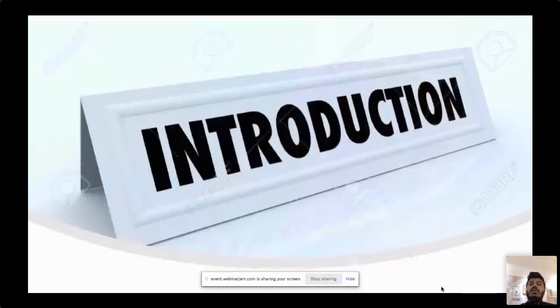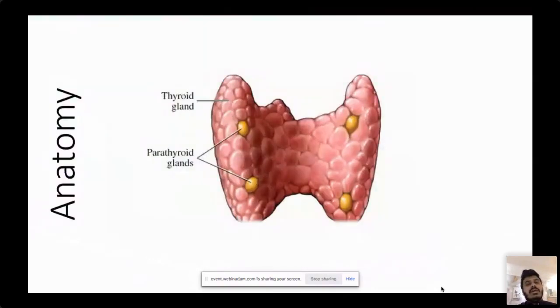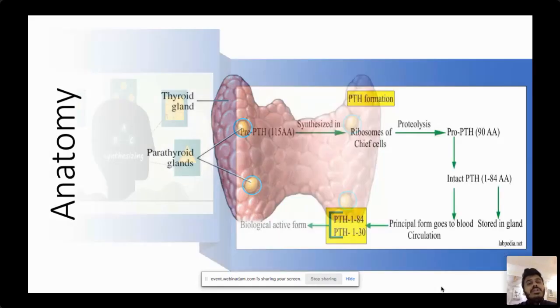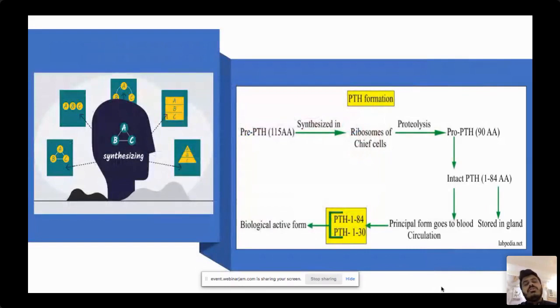So let's go with a small introduction about the anatomy of the parathyroid gland. There are 4 glands located in the posterior of the thyroid gland, and their function is to synthesize and secrete the parathyroid hormone by formation of pre-parathyroid hormone, which is 115 amino acids synthesized in the ribosome of the chief cells.